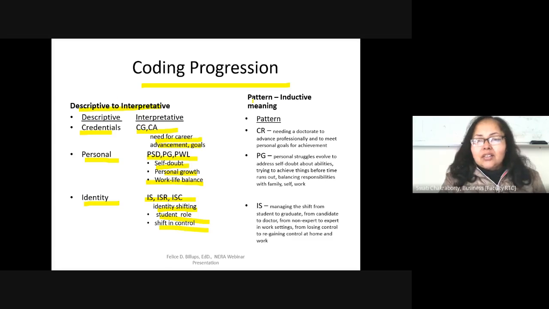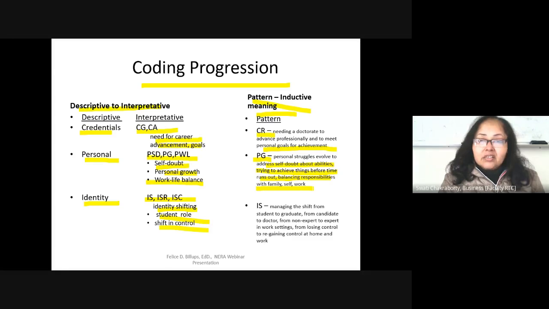Next, on the other hand, is from pattern to inductive meaning. So the pattern is credentials, where needing a doctorate to advance professionally and meet personal goals for achievement. Personal struggles, which involve addressing self doubt about abilities, trying to achieve things before time runs out, balancing responsibilities with family and work.